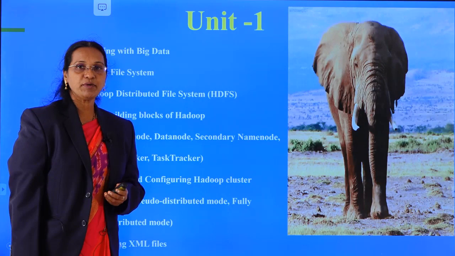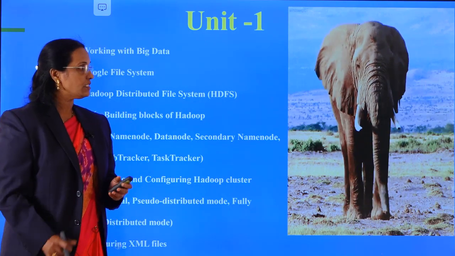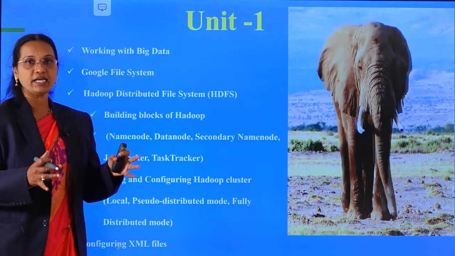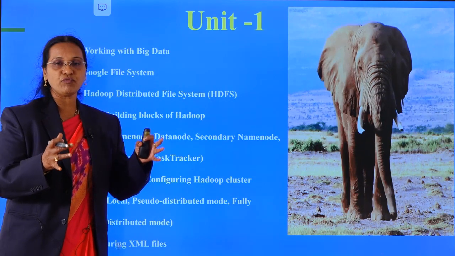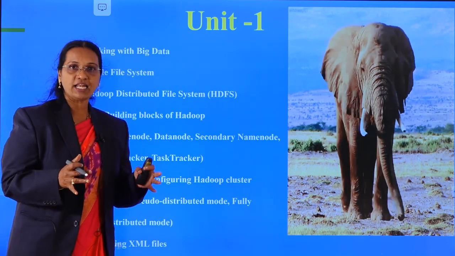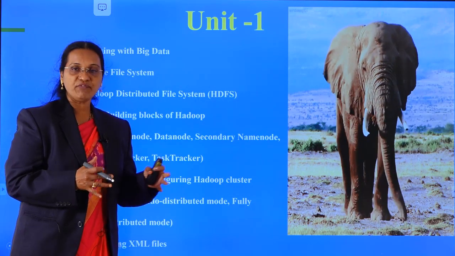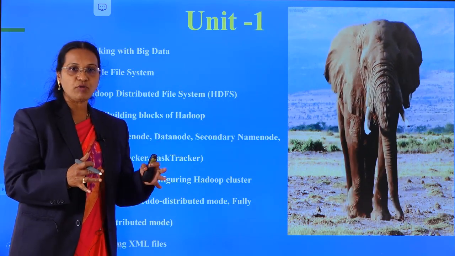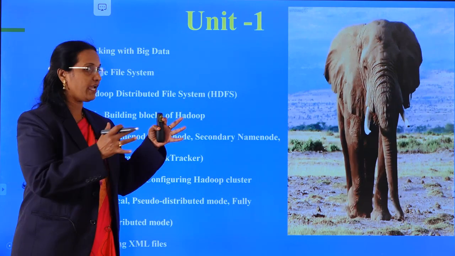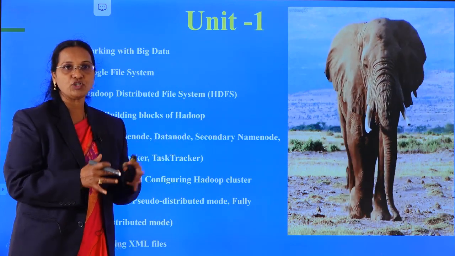You might have been wondering why the elephant is walking. The basic reason behind this is, the big data is nothing but larger in size of data, and in this world the largest animal is the elephant, and it stores large amount of data. So data and the elephant size is a combination of that.